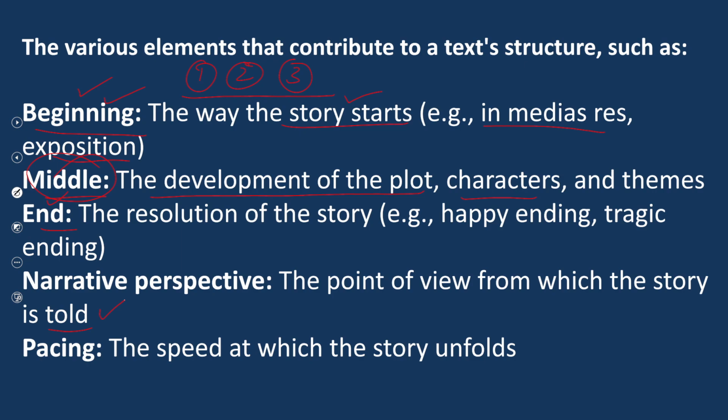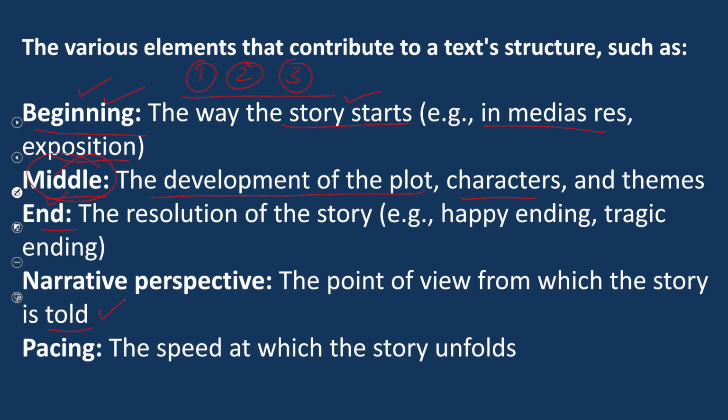If the narrative perspective, the style is using the pronouns you, the second persons, then we can say that the narrative perspective or the point of view is second person, which is very rare, and the most used one is the third person narrative, third person point of view, which is called third person omniscient.